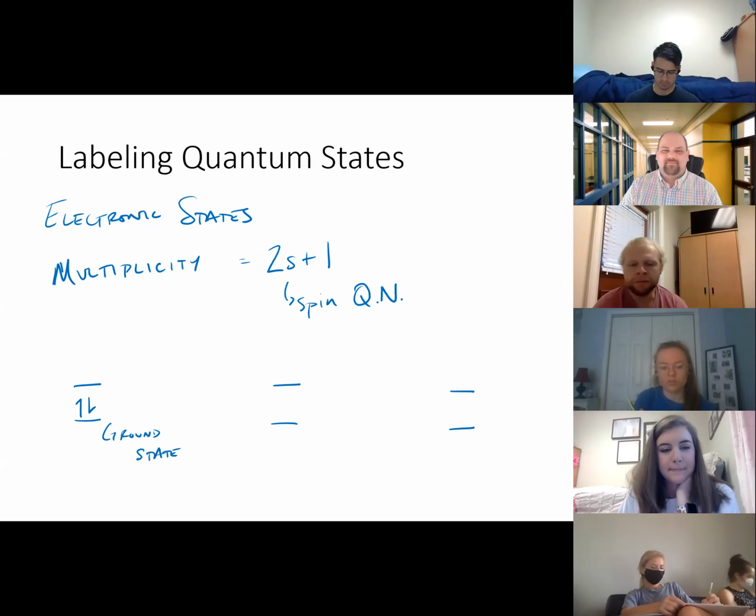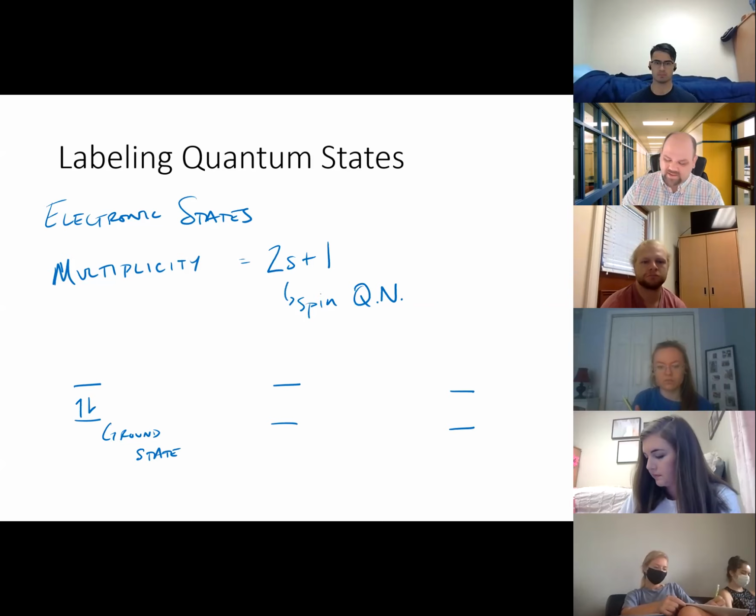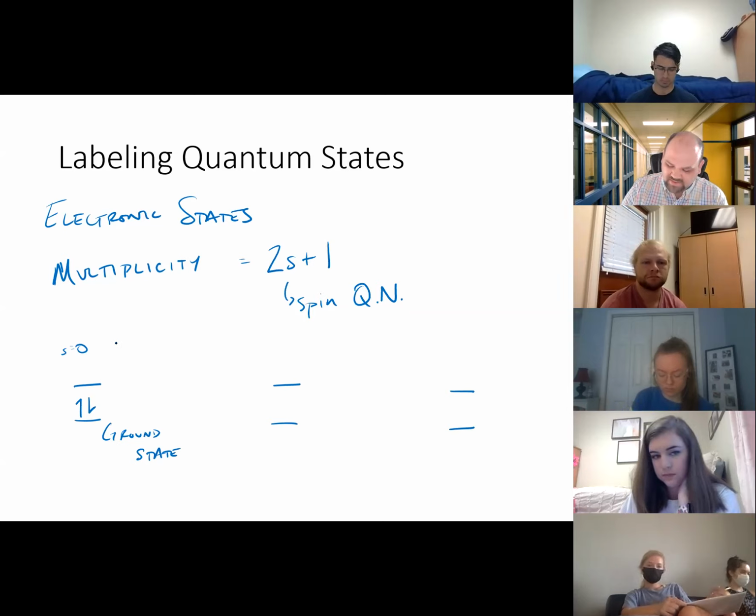And the total spin for this system, these two electrons, is 0 because I have a plus a half for one and a minus a half for the other. And so little s is 0, and my multiplicity is 1. 2 times 0 plus 1 is 1.